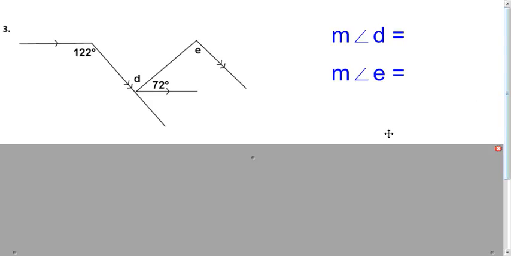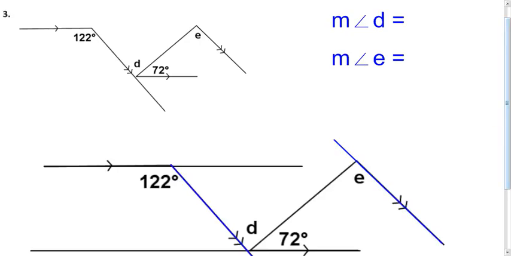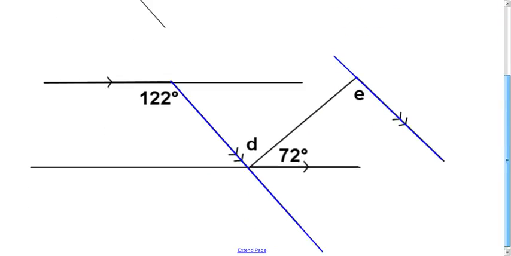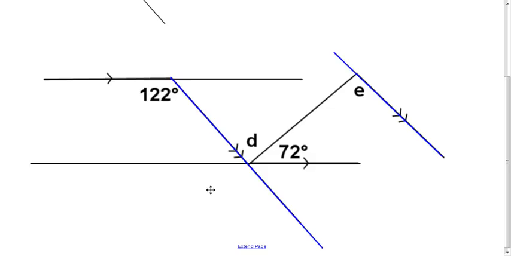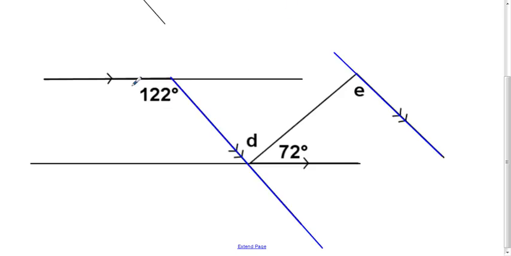So here we have two pairs of parallel lines. Here's how I drew mine, my auxiliary lines. Right, you can also extend them like that. Right, lines go on forever. So 122 is alternate interior with D plus this angle right here that measures whatever D measures plus 72 degrees.